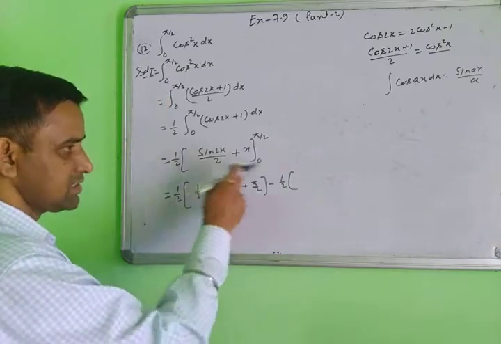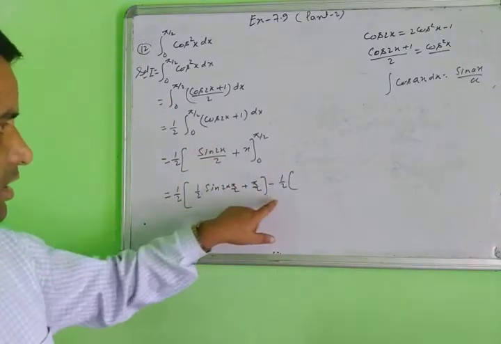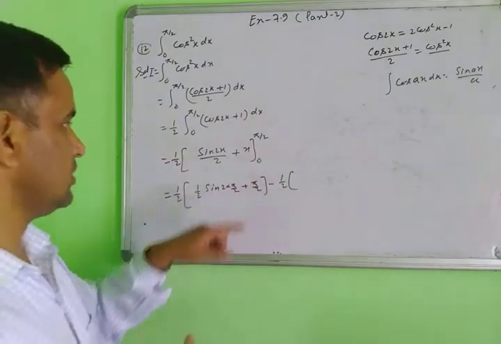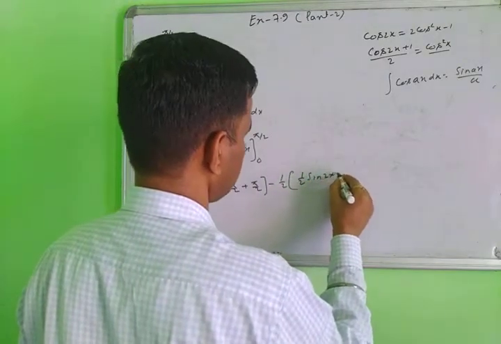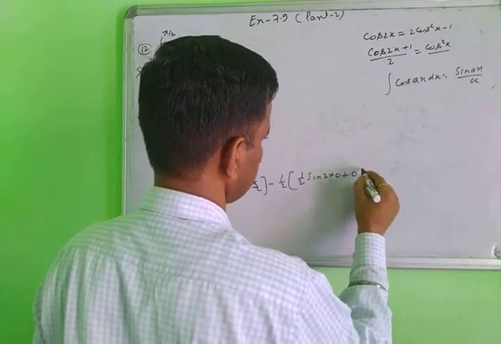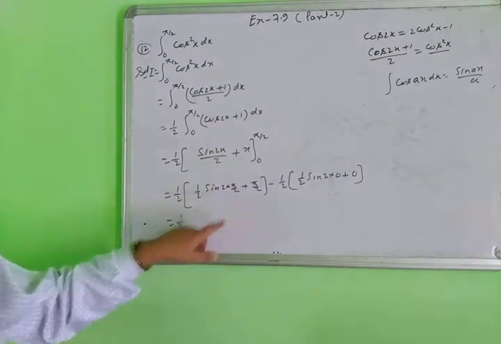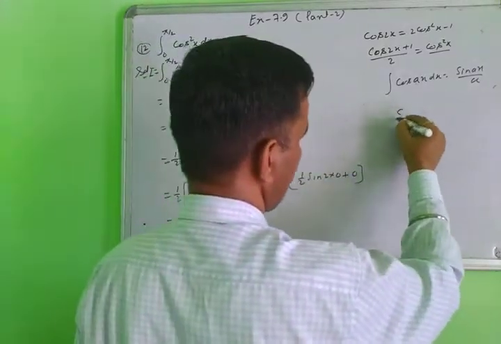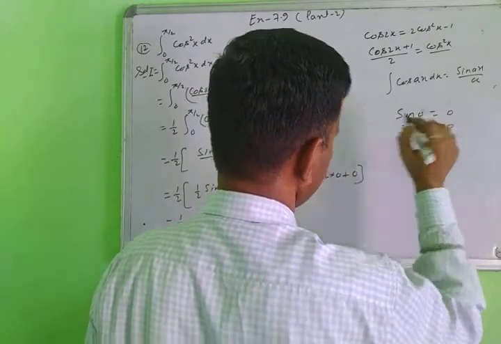This 1 by 2 is the complete factor. Using 0 for the lower limit, sin 2 into 0 plus 0. This will be cancelled here. What is left is sin pi. The value of sin 0 is 0, and sin pi is also 0.